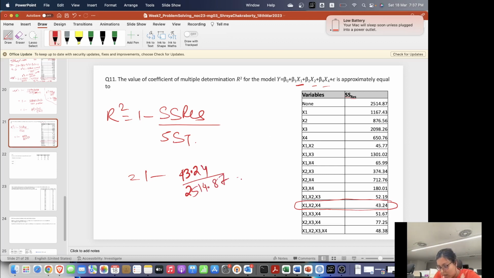How much will this come to? This will be 0.98 approximated to 2 decimal places.